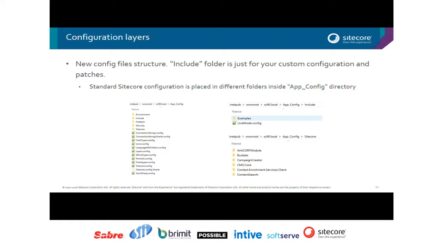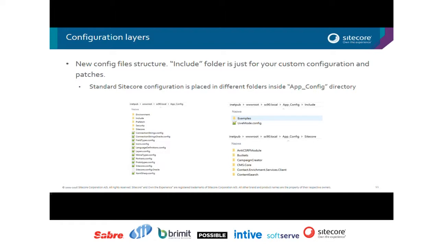Sorry, the default will be empty. This is a huge change, because in the current version, in App_Config/Include, there are hundreds of files. I put there only this live mode config, a simple configuration transformation which changed the master and web databases. In App_Config/Include, there is an example folder with many examples of config transformations for different reasons.